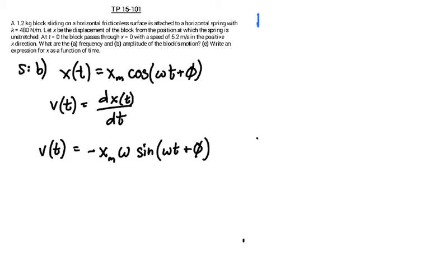So I'll do this in blue. We have our total mechanical energy is equal to our kinetic energy plus our potential energy. In this case, we have a spring and mass system, so our kinetic energy is in the form of translational kinetic energy, and our potential energy is in the form of spring potential energy. And that's what gets us our total mechanical energy.